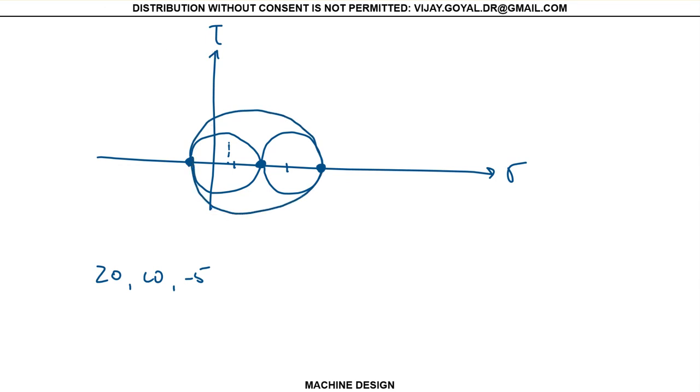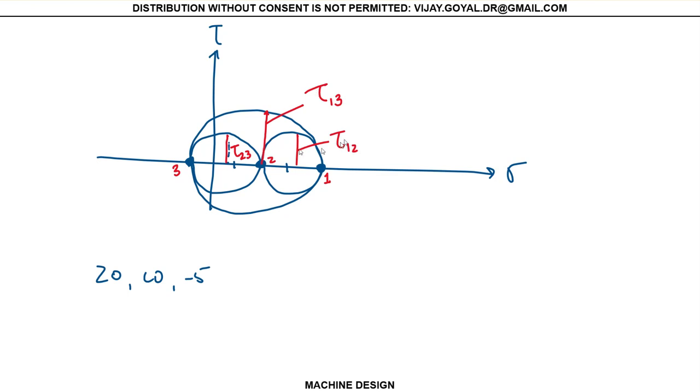And what you can see from this problem is what happens from here. This is tau 1 3, this is 1, this is 2, this is 3. This will be tau 2 3, and this will be tau 1 2.